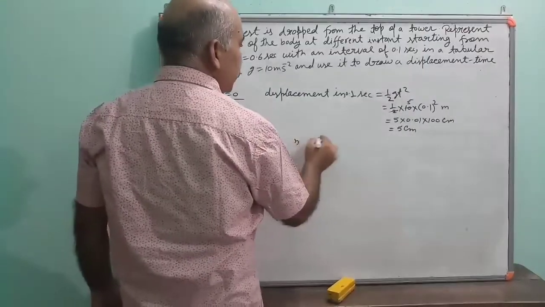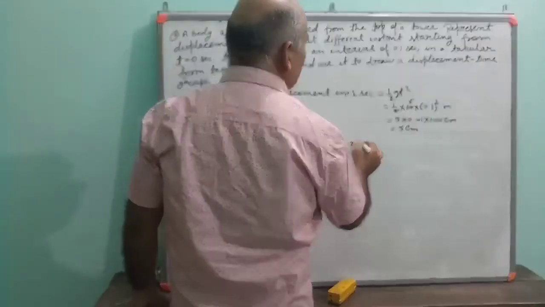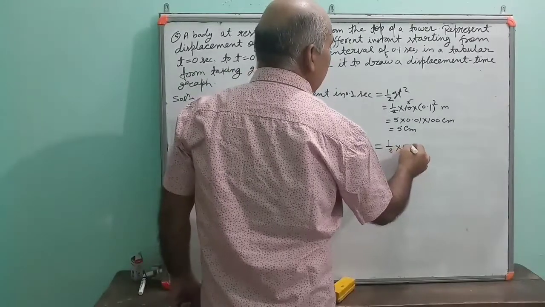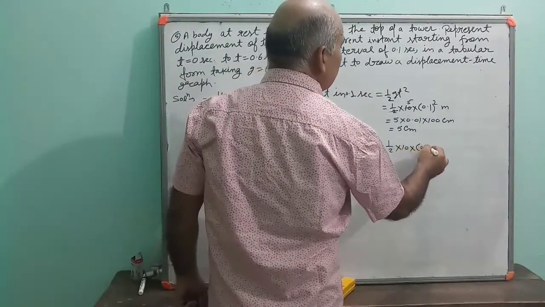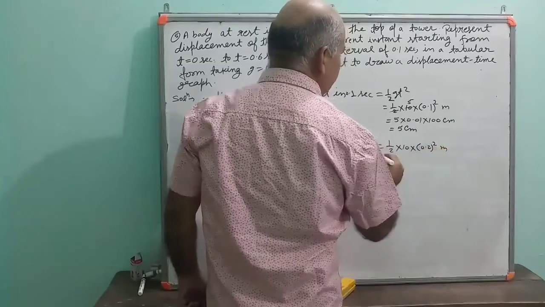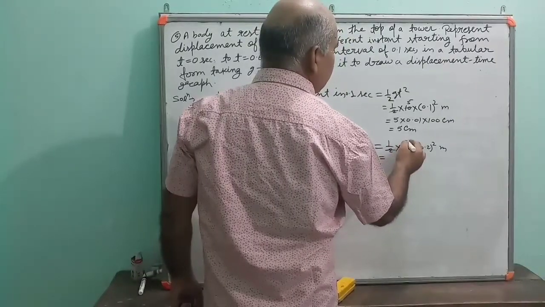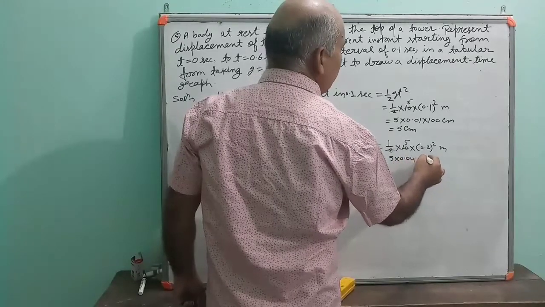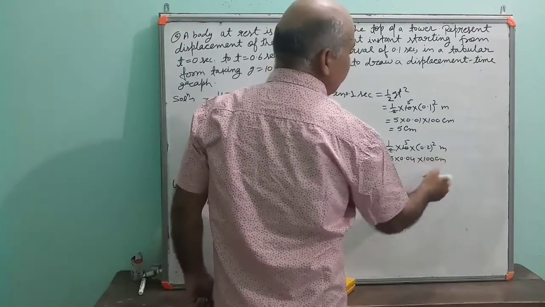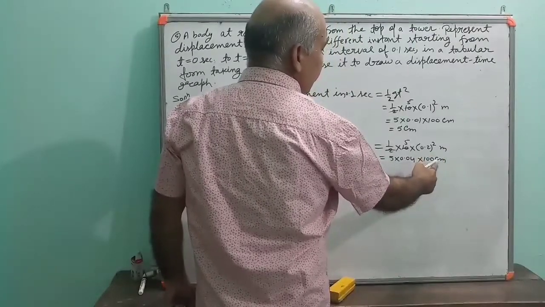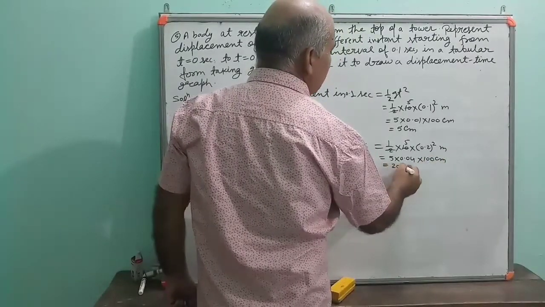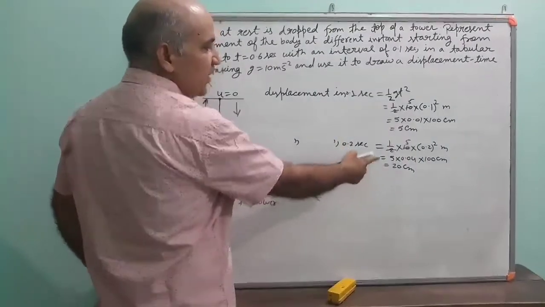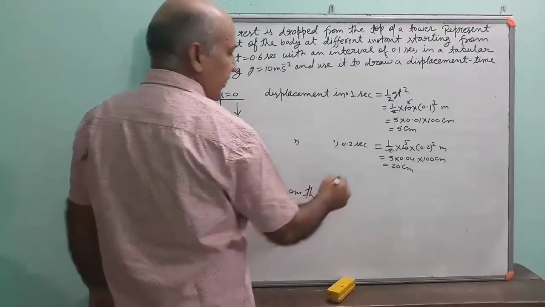What will be the displacement in 0.2 seconds? Half into 10 into 0.2 square meter. Dividing by 2 gives 5, 5 into 0.04 into 100 centimeter, meter changed into centimeter, then it becomes 20 centimeter. That means in 0.2 second the displacement will be 20 centimeter.